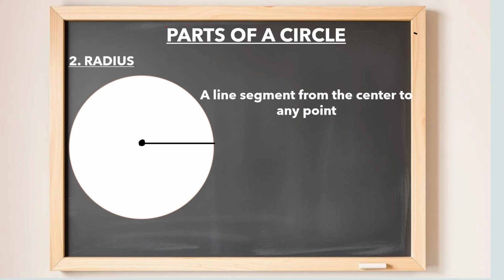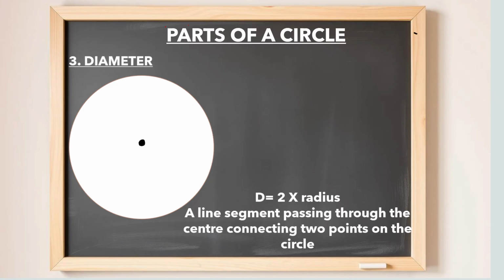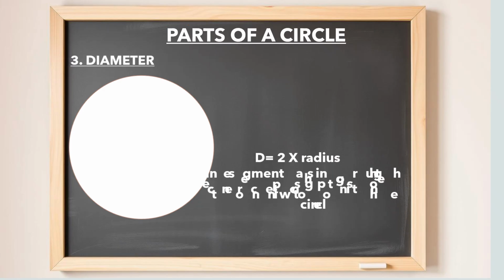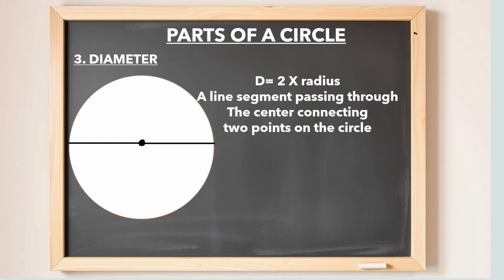Secondly, we define a diameter. A diameter is twice a radius, that is, 2 multiplied by the radius. A diameter is a line segment passing through the center and connecting any 2 points of the circle. As can be seen, the diameter is joining this part of the circle and this part of the circle.